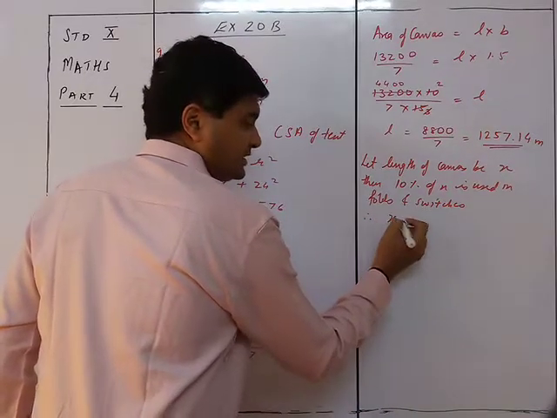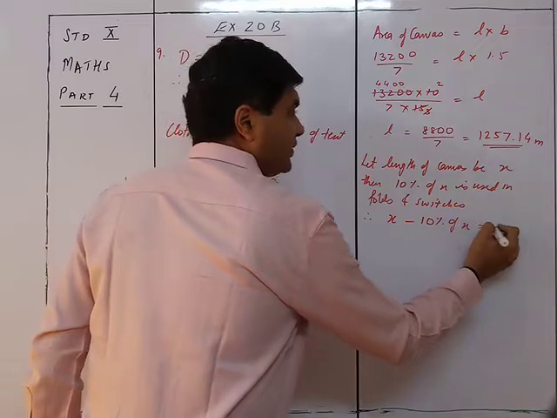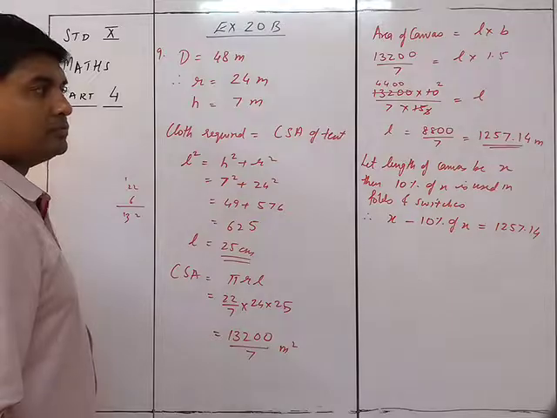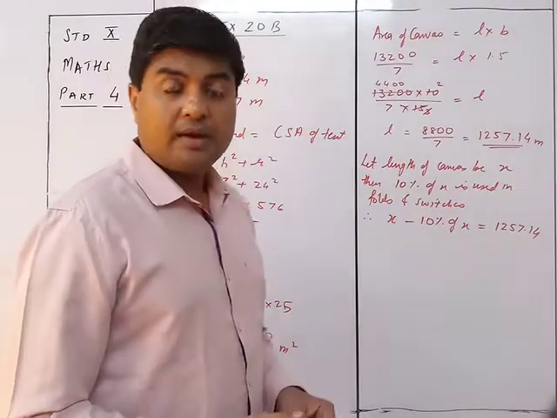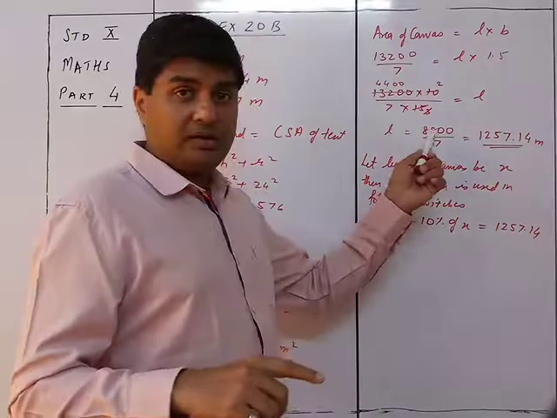Therefore, x minus 10% of x is equal to 1257.14. Understood? 10% of the canvas, not the area.